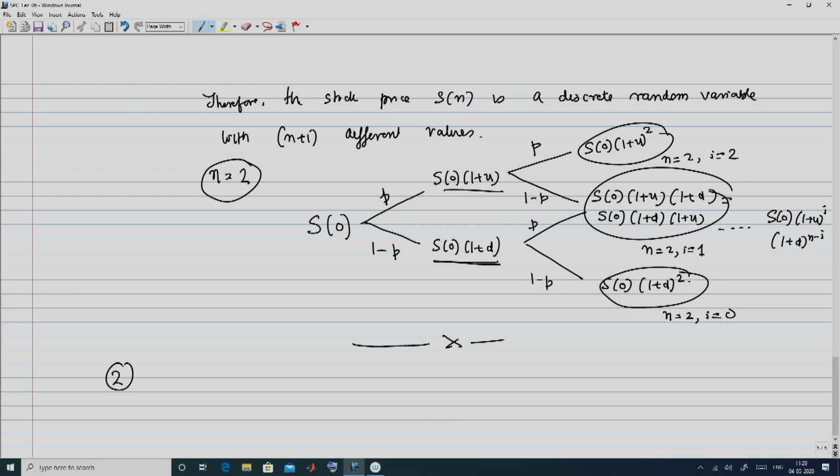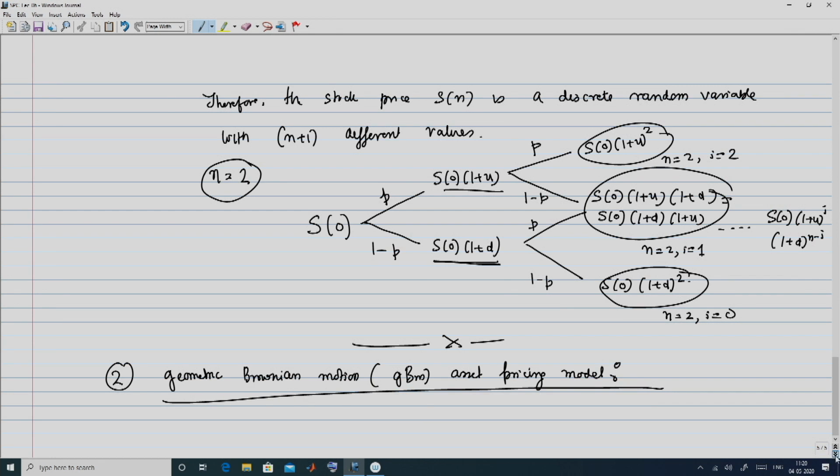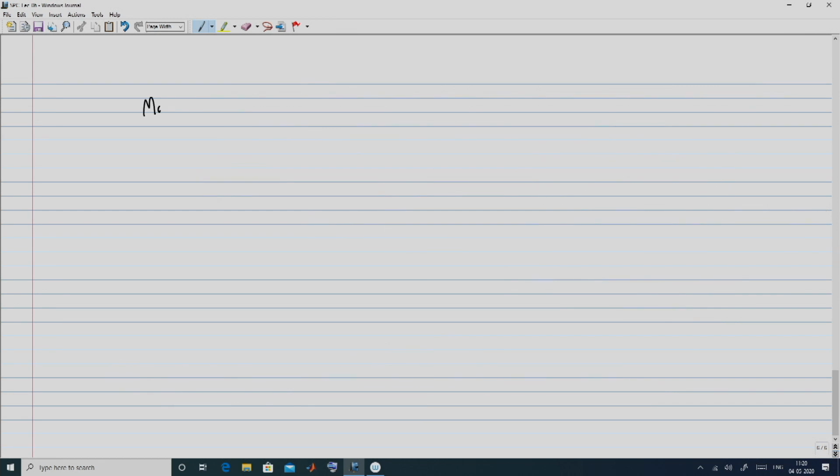Next we look at the other model, which is the geometric Brownian motion, GBM, asset pricing model. Let me first start with a motivation for this, from the point of view of it being extended from the binomial model.